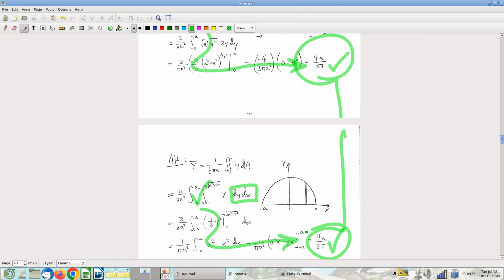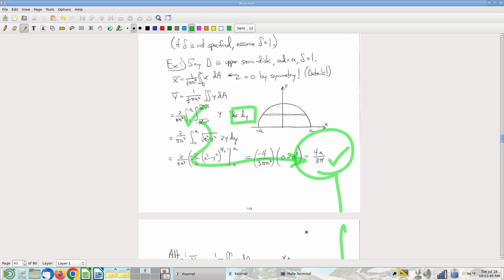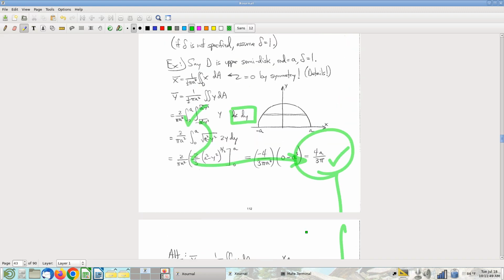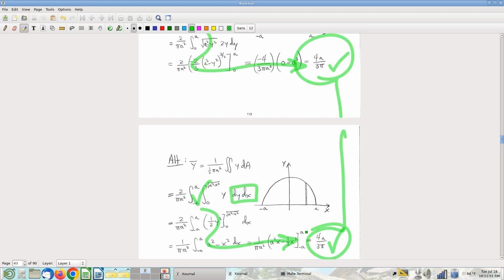But I just want to point out that you get to decide for yourself which one of these calculations you'd rather do. And I have a preference myself between these two options. One thing you can do is try to gauge which one of these has the most pencil lead on the page.